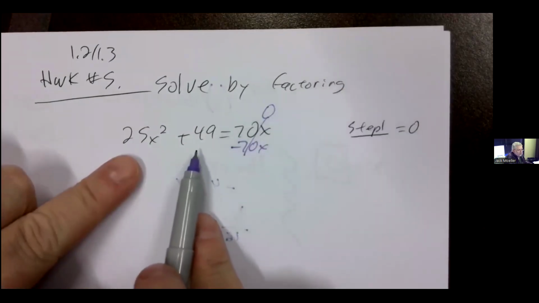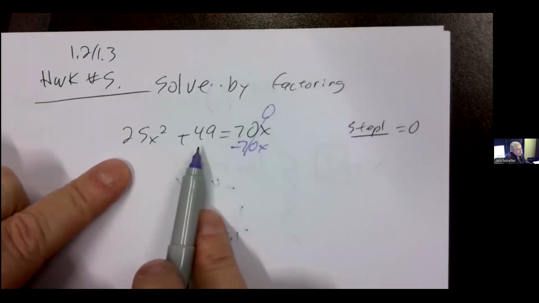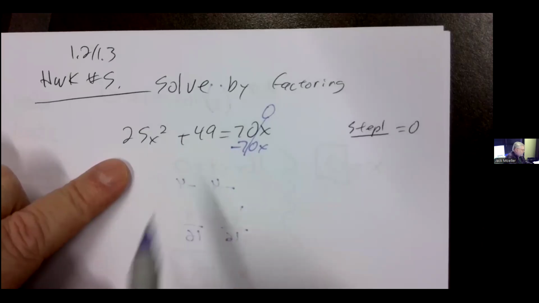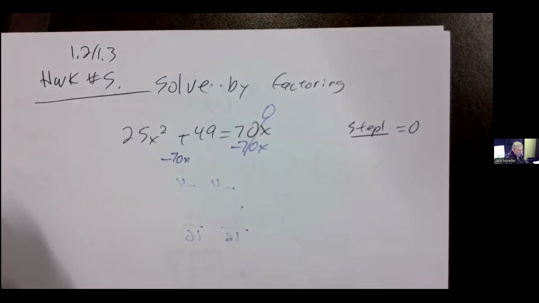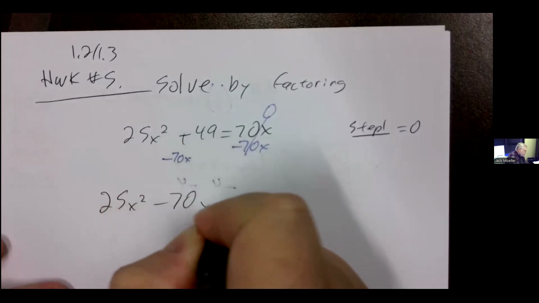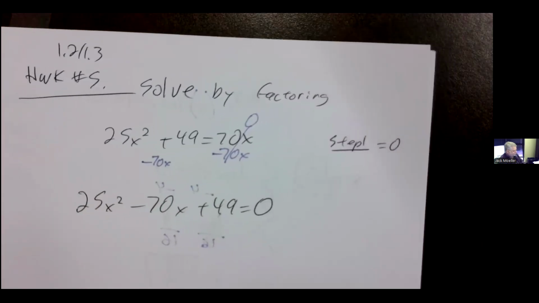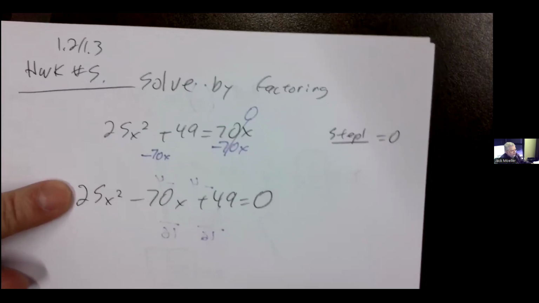Keep track of your like terms. There is no x over here, so there's no like terms. And we want it in descending order, so we want that 70x in the middle. That way we have 25x squared minus 70x plus 49 equal to 0. So it's in descending order, and the leading coefficient is positive.